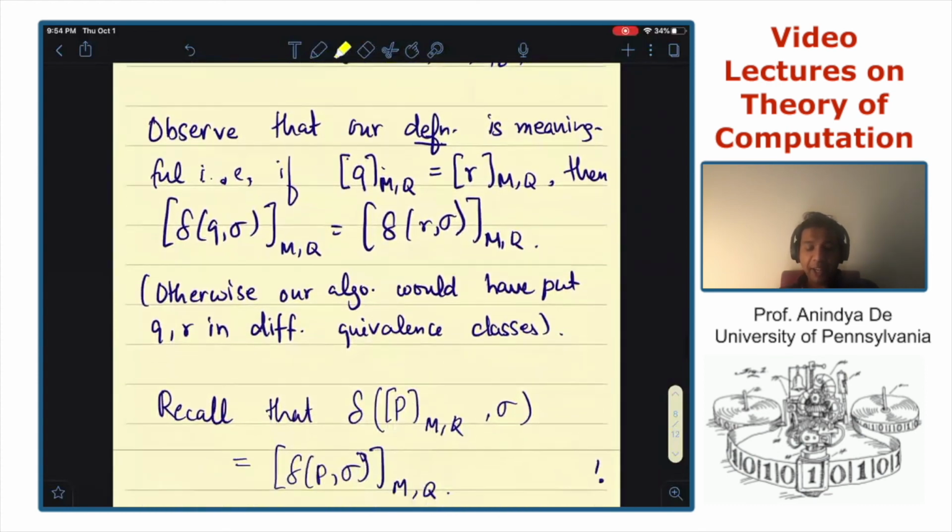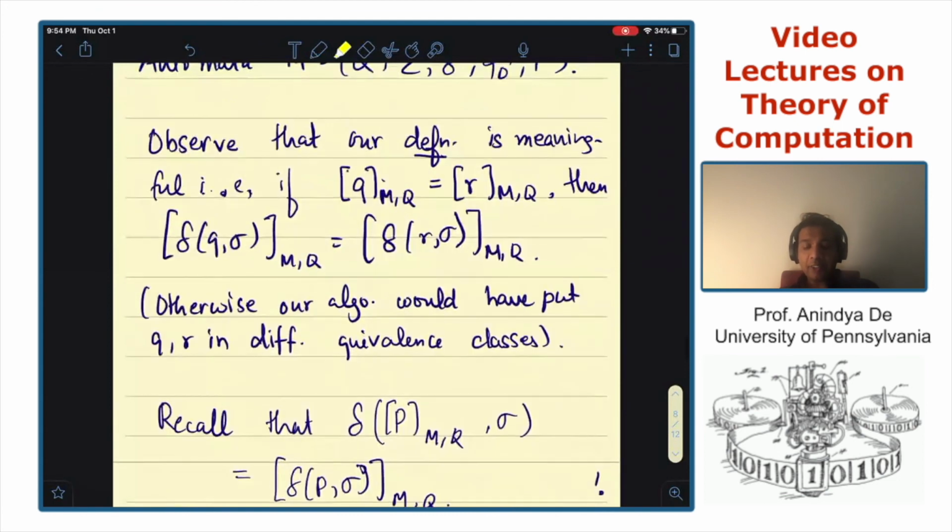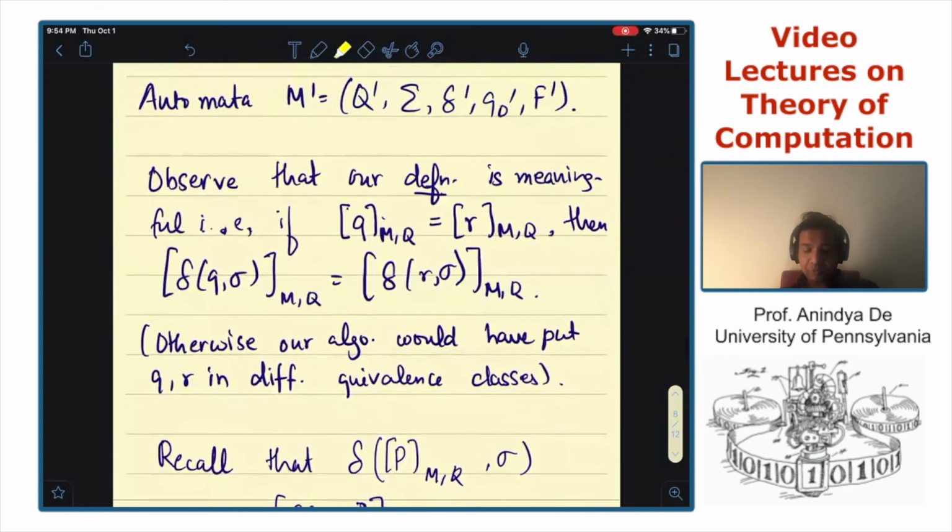To see why this is true, you should just refer to our construction of the equivalence relation R_{Q,M}. Namely, suppose q and r were in the same equivalence class, but delta(q, sigma) and delta(r, sigma) were in different equivalence classes.